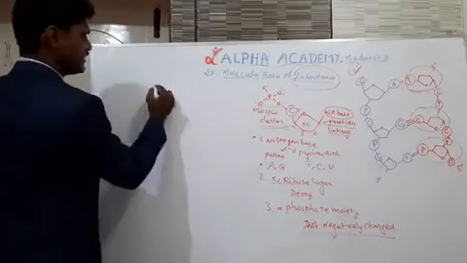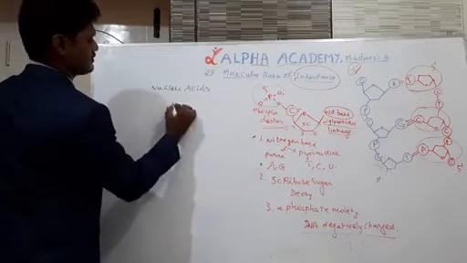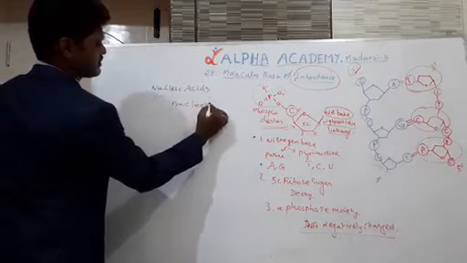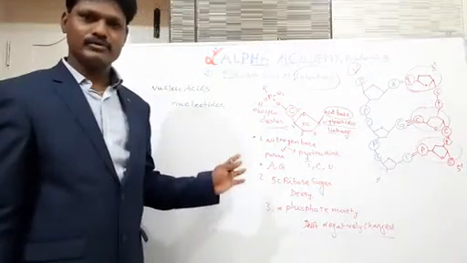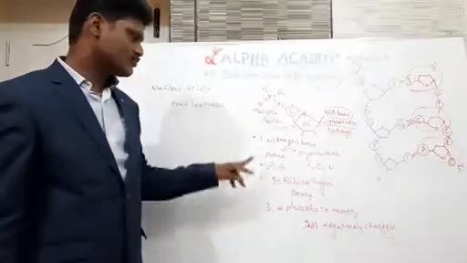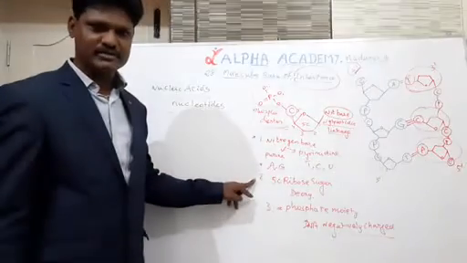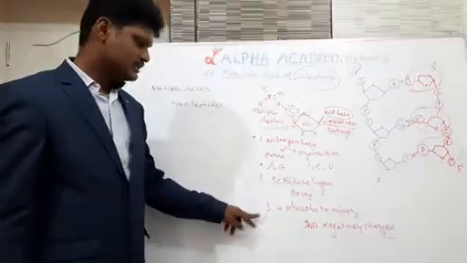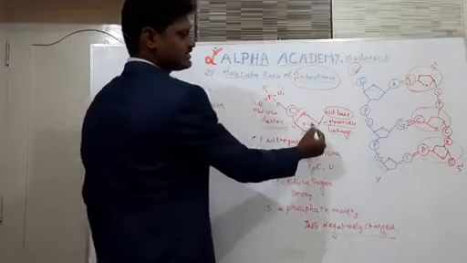Nucleic acids are made up of nucleotides. What is a nucleotide? A nucleotide has three components. One is a nitrogen base, second one is a deoxyribose sugar, third one is a phosphate moiety. So here you can see the structure.